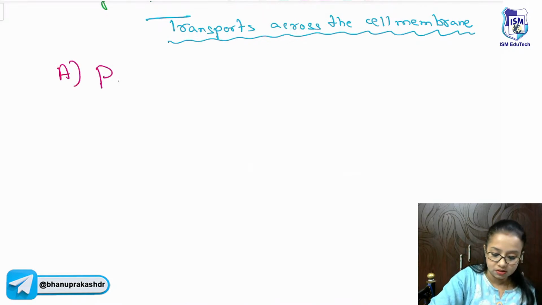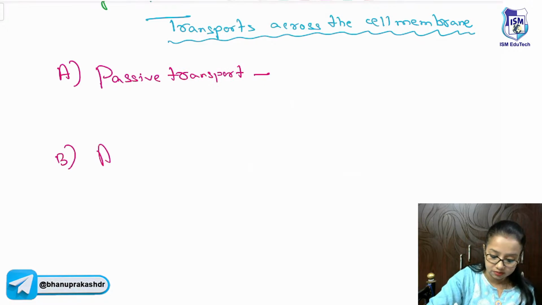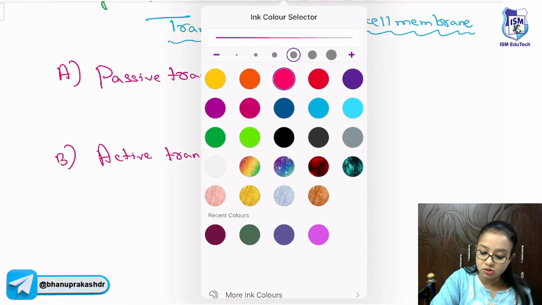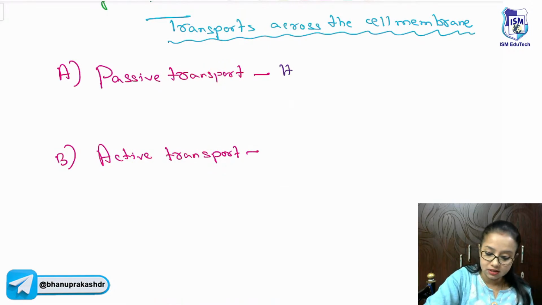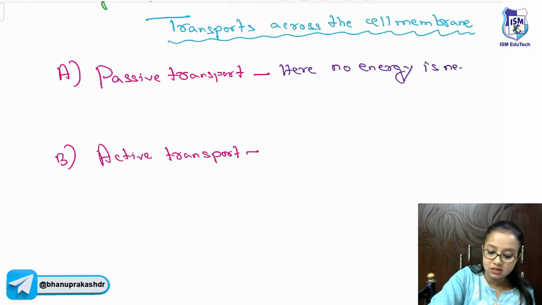One is the passive transport. Another is the active transport. Now, in passive transport, what is the term? It is called passive transport. Passive means here no energy is needed.